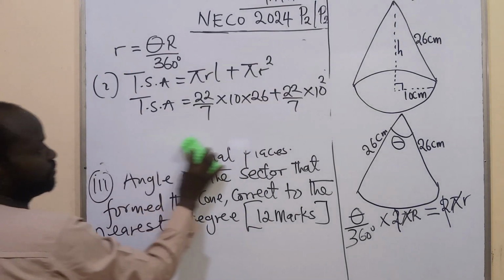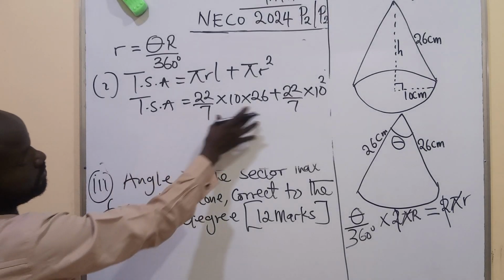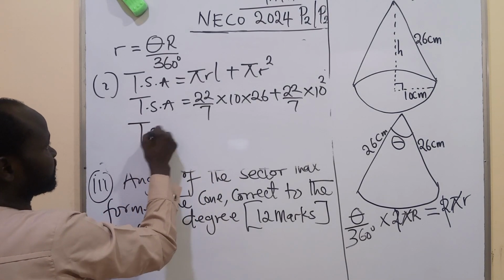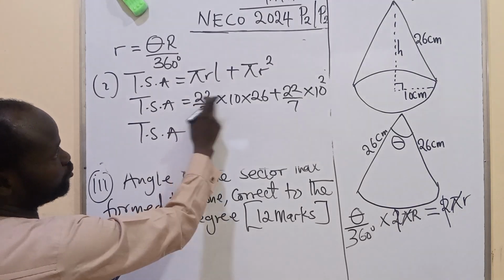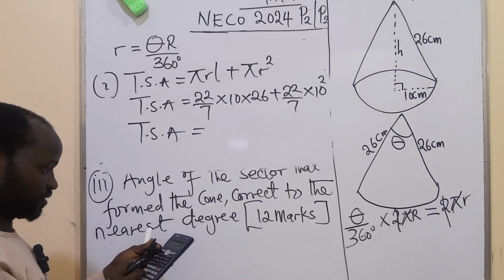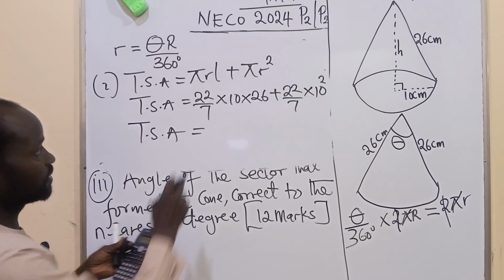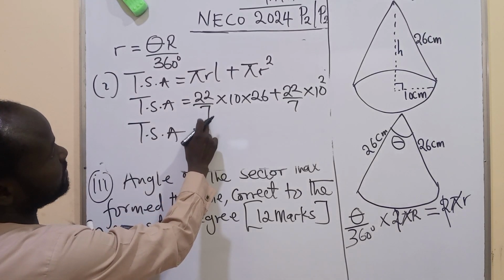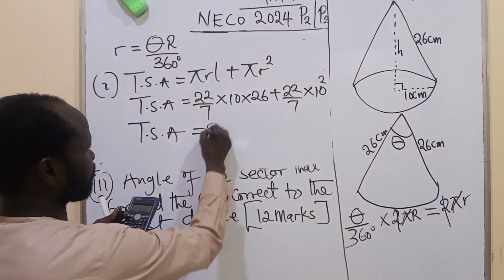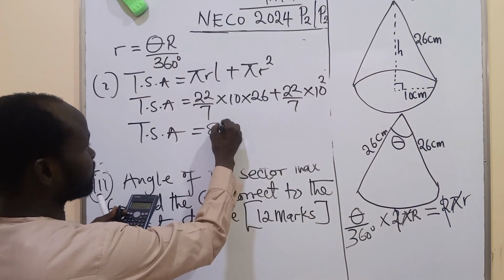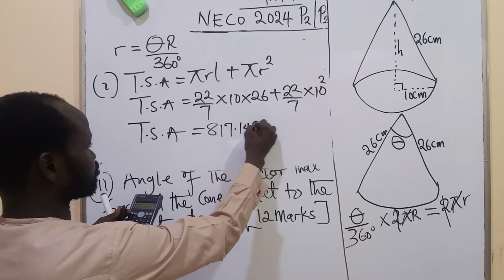Okay, so let's look at how we can get that done. Total surface area will be equal to, let's multiply 22 by 10 by 26, 22 times 10 times 26 divided by 7. We'll have 1871.1429.